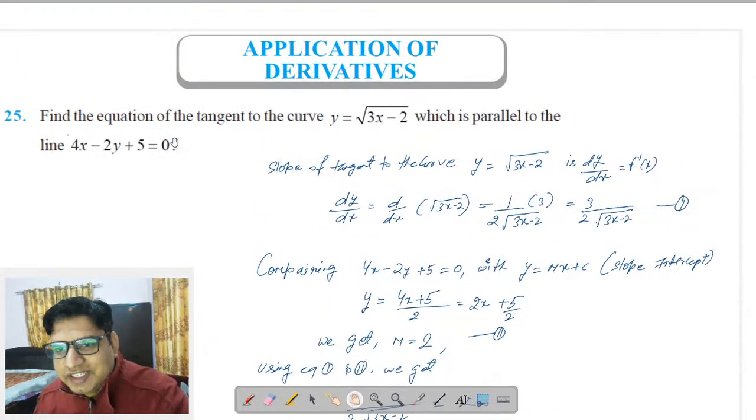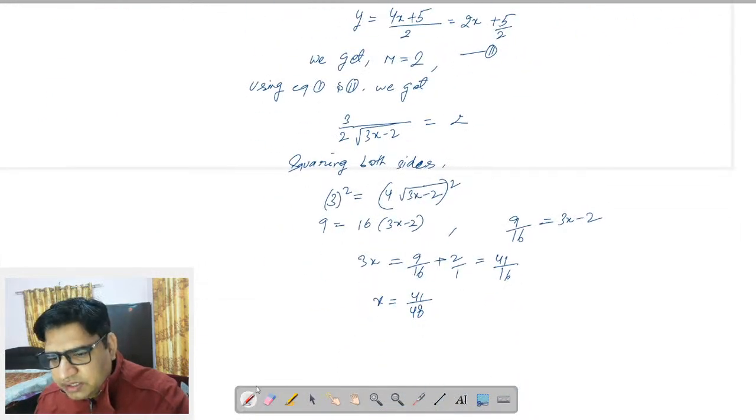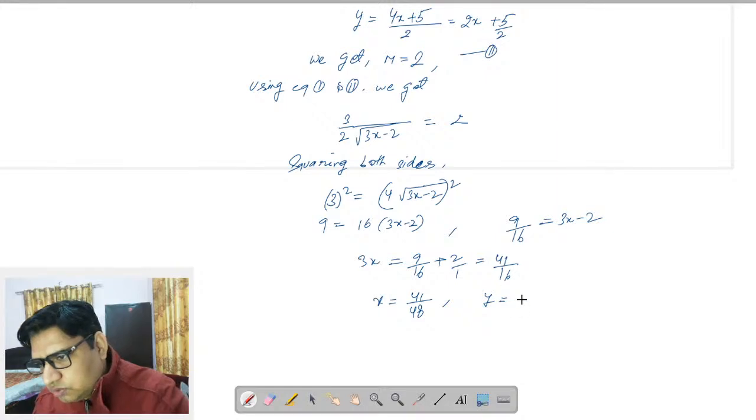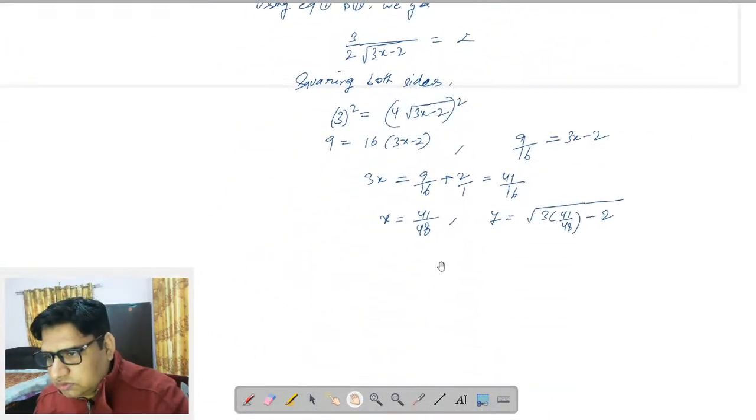Okay, so we have to find the equation of the tangent to the curve. So we get x is equal to 41 by 48, and y will be equal to under root 3, and in place of x we substitute 41 by 48.